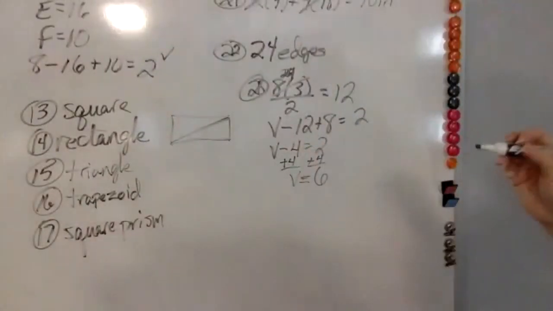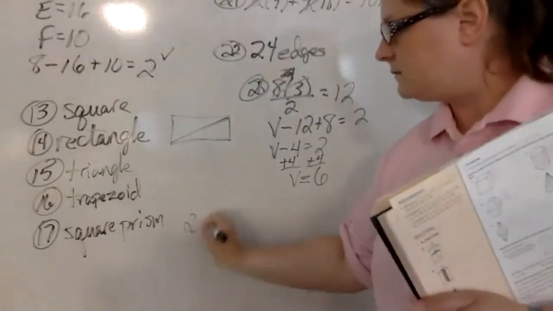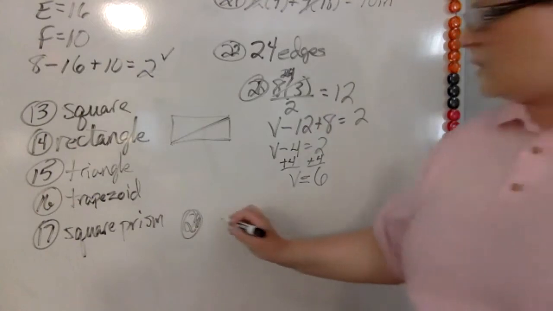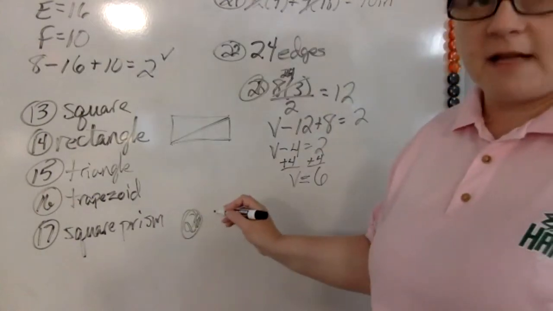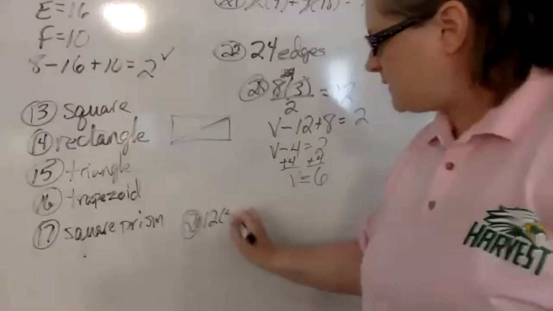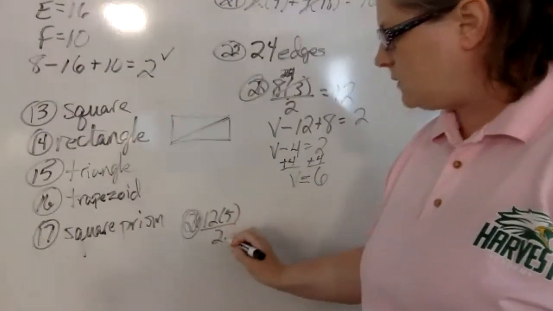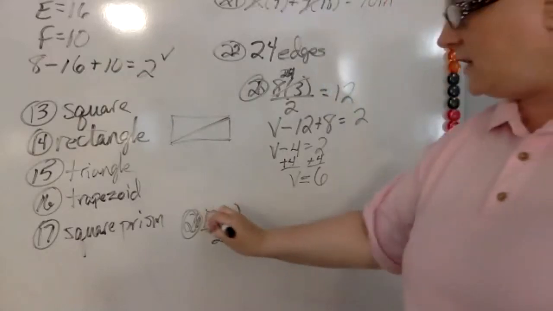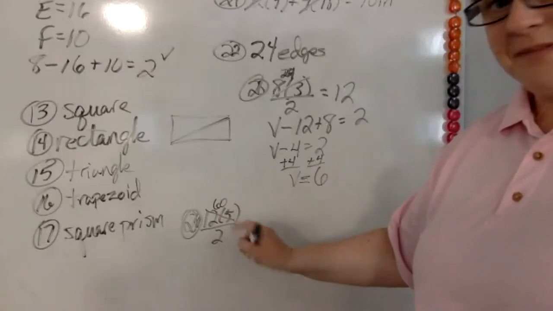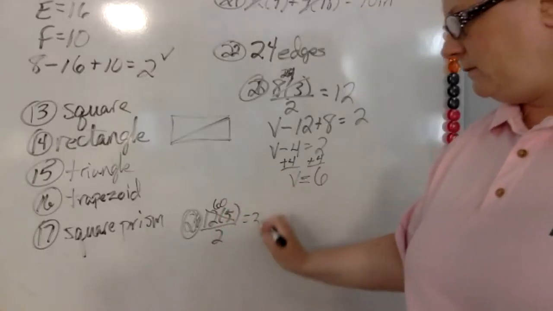Okay, so 29. 29 says you have 12 pentagonal faces. A pentagon has how many sides? 5. So I have 12 times 5 divided by 2. 12 times 5 is 60. 60 divided by 2 is 30.